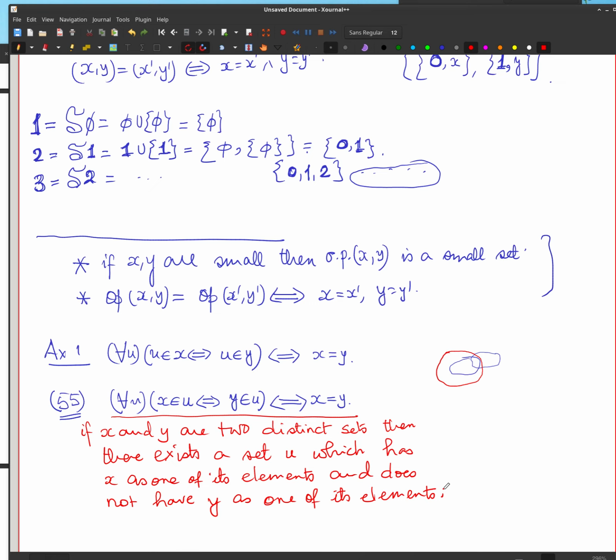And all of this story is just crystallized in this way: if x is not equal to y, then there exists a set U such that x is a member of U and y is not a member of U. And then if you rephrase this using our usual logical principles, 55 comes up. Yeah?